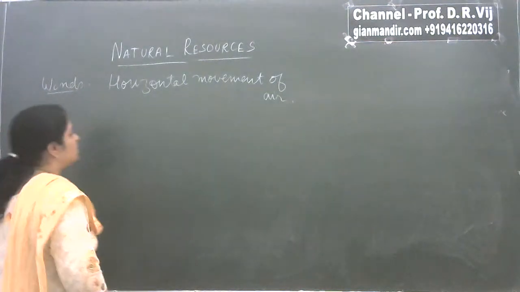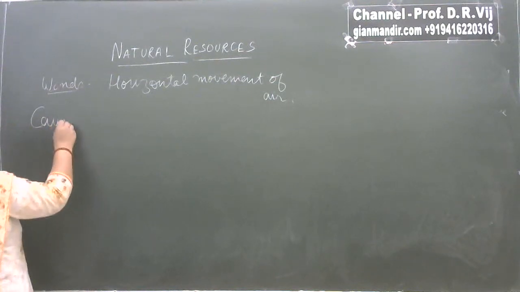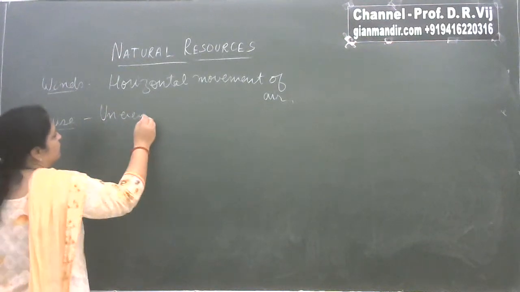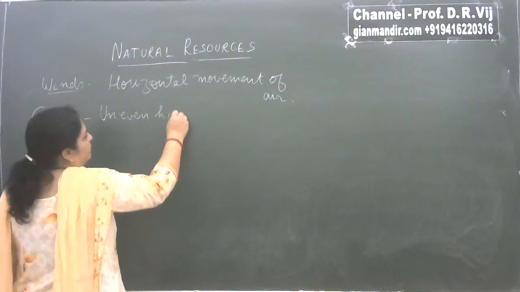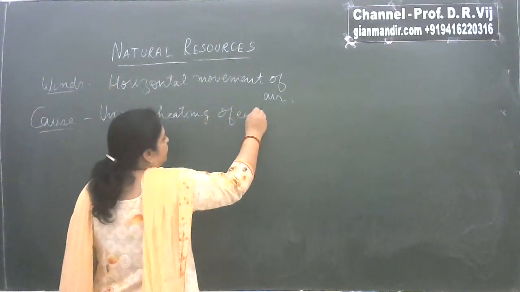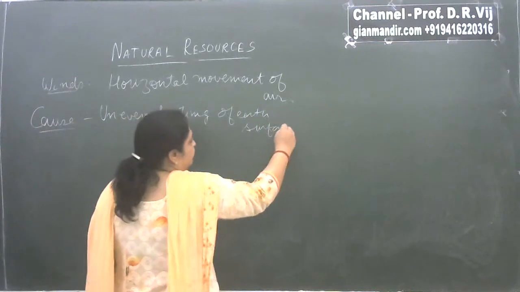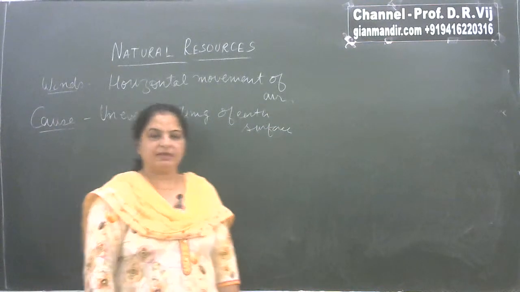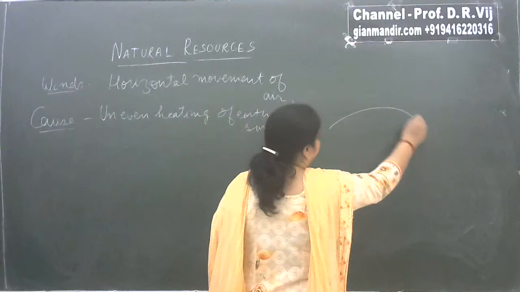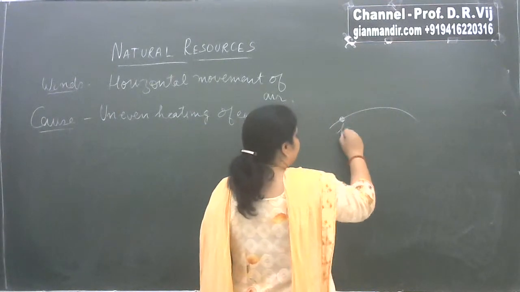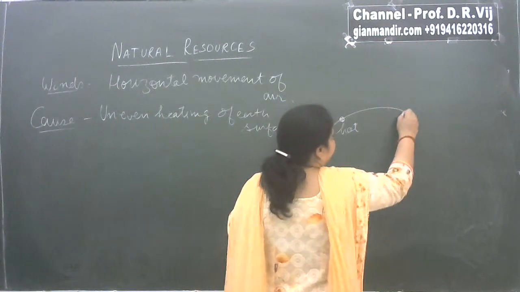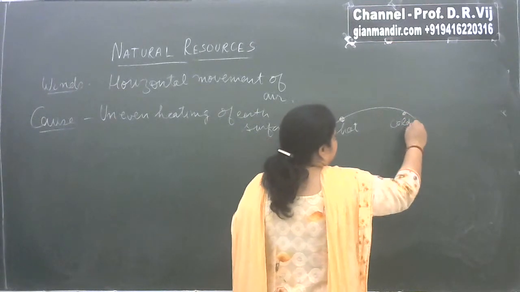So, why are winds caused? The basic cause of the wind is uneven heating of Earth's surface. The different parts of the earth have different thermal conductivities, so their extent of getting heated is also different, and this difference in heating causes the wind. Say here one part of the earth is hot because it has absorbed more heat, and this part is comparatively cold.